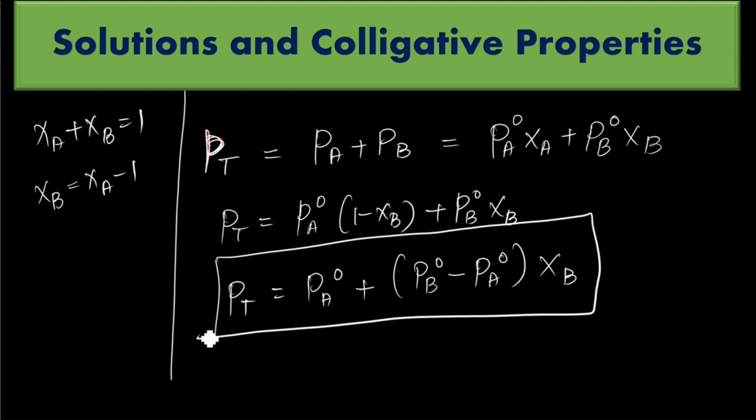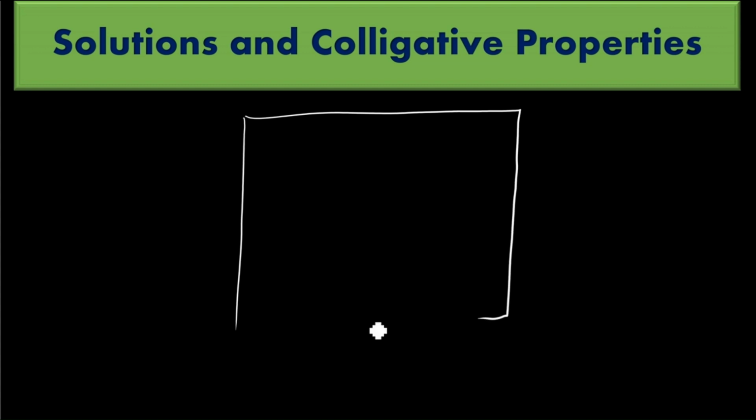Now we are moving on to the graphical representation of Raoult's law. How can we represent it? For that, I'm going to take this kind of graph, where it starts from pure component A and ends with pure component B. So chi_A becomes 0, chi_B becomes 1, and here chi_B equals 0.